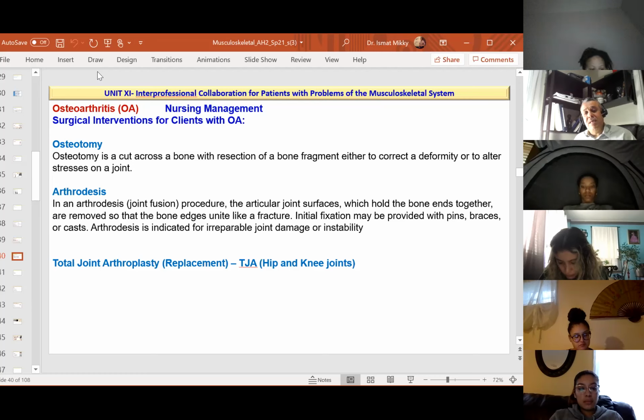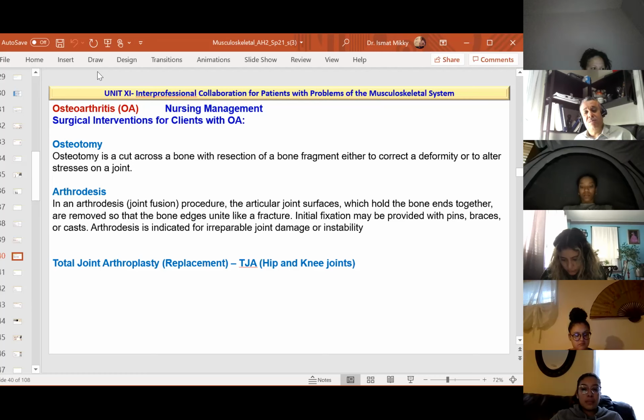So we can say that hip arthrodesis remains the operation of choice for the active client less than 55 years of age with advanced unilateral osteoarthritis. If the patient has osteoarthritis on one side, let's say the hip or knee, and is an active patient less than 55 years old, that would be one of the modalities to be recommended.